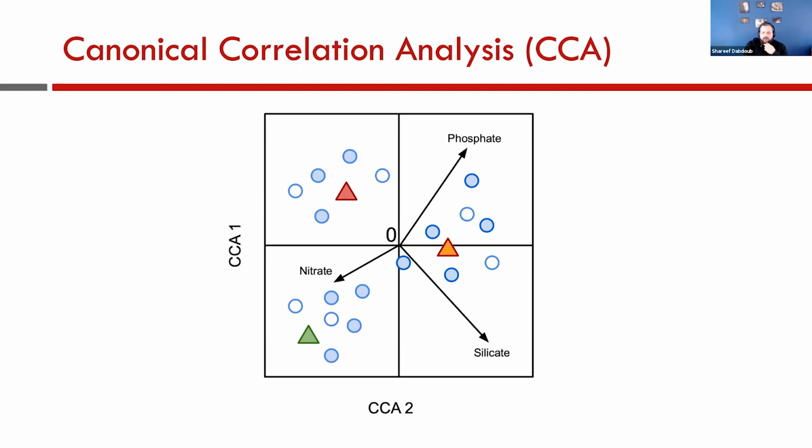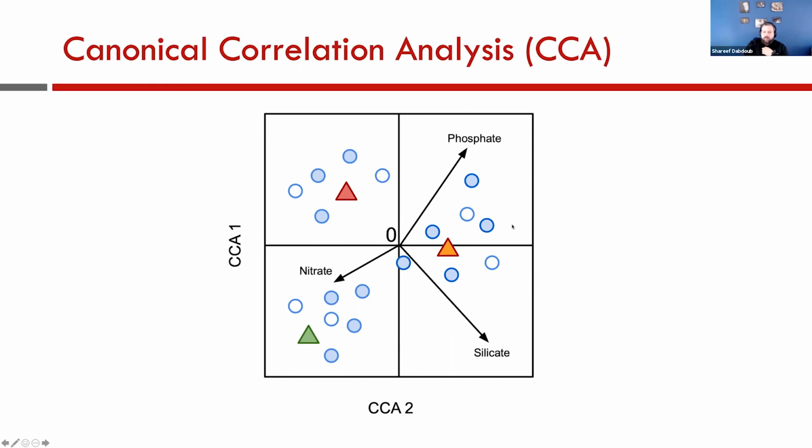And so this is a correspondence plot where if you draw lines from the center point to any two objects in the plot, if you have a small acute angle between the two lines, then those things are highly correlated. And if you have a large obtuse angle between them, then they're highly uncorrelated.